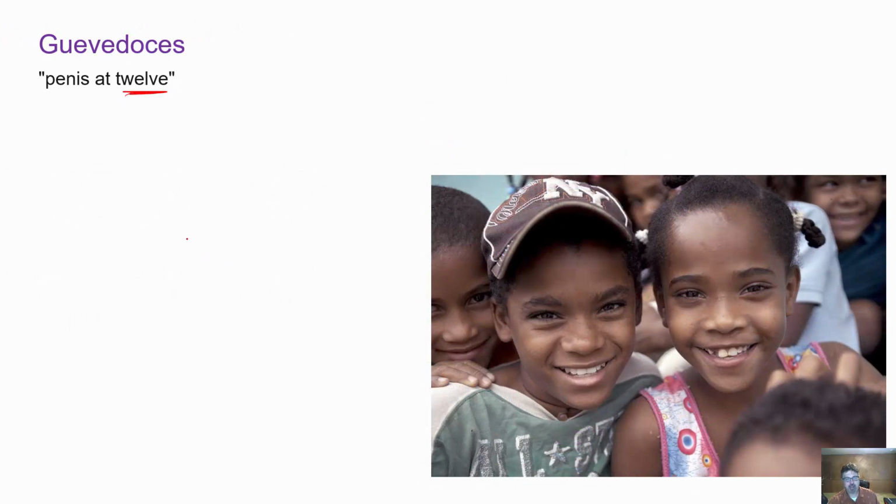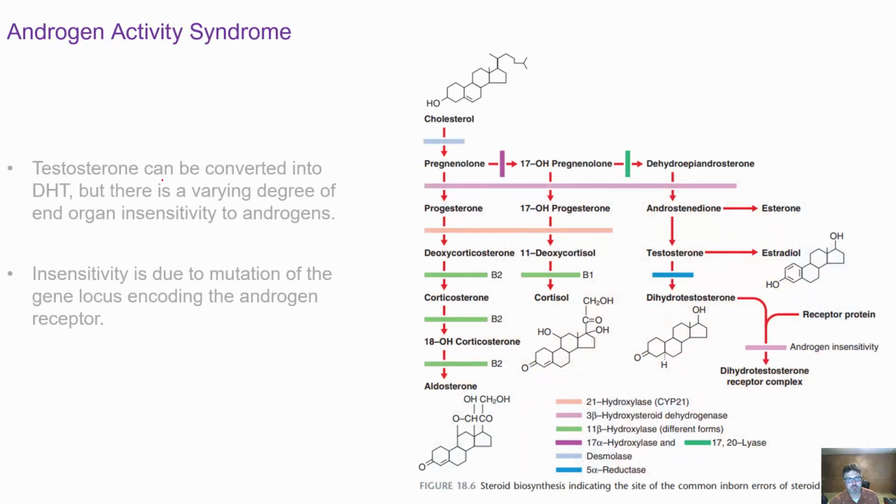So imagine going your entire childhood as a girl, and then right when you start to hit puberty, at 12 years old, guess what? You start to develop a penis. As if development isn't complicated enough, guevedoces could definitely complicate it exponentially more. But this is something that we see in, I think, the Dominican Republic, if I recall correctly.